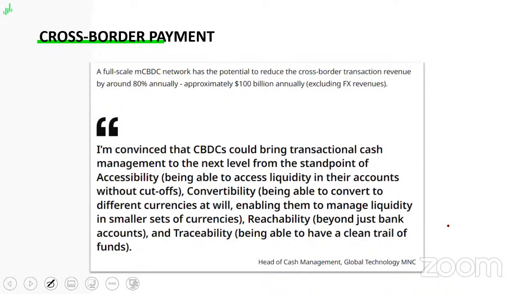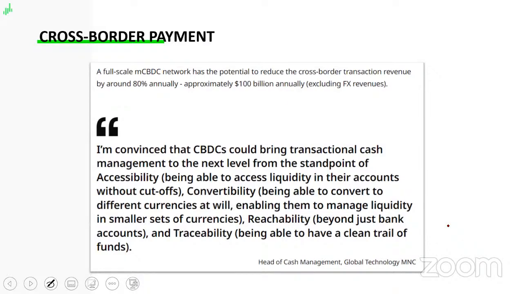Something interesting that I wanted to share also: McKinsey has made interesting analysis and research about CBDC. You may have heard about it. It's basically crypto done by central banks.